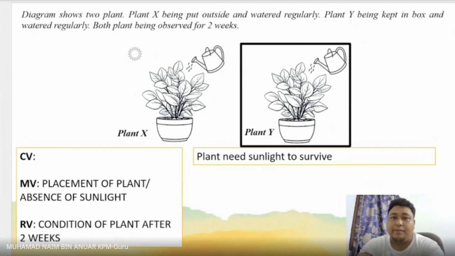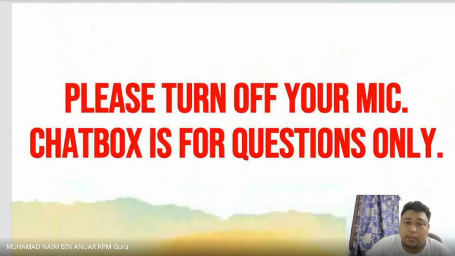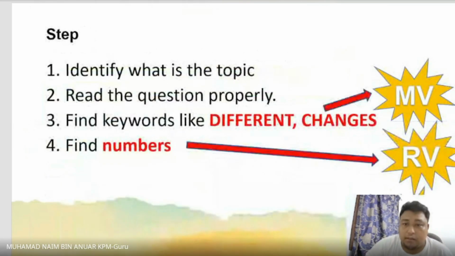Same for conclusion, I think we need to do it in the class since it's quite late. I don't think you can focus anymore. It's okay, a lot today. But at least for today, what you can get from this is two things. First, how to find MV, how to find RV.